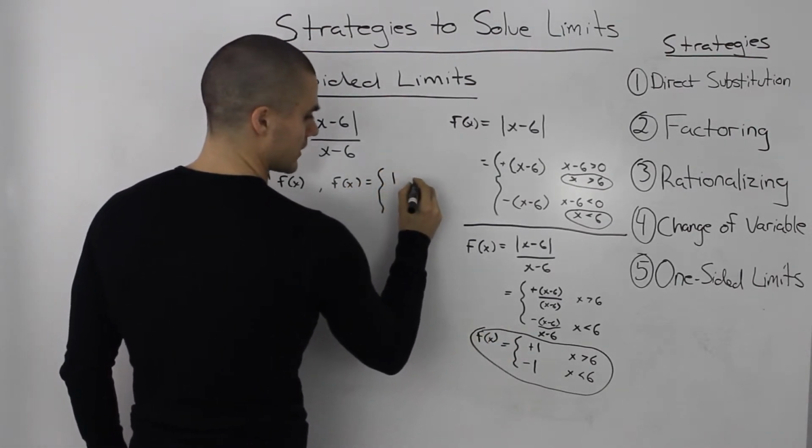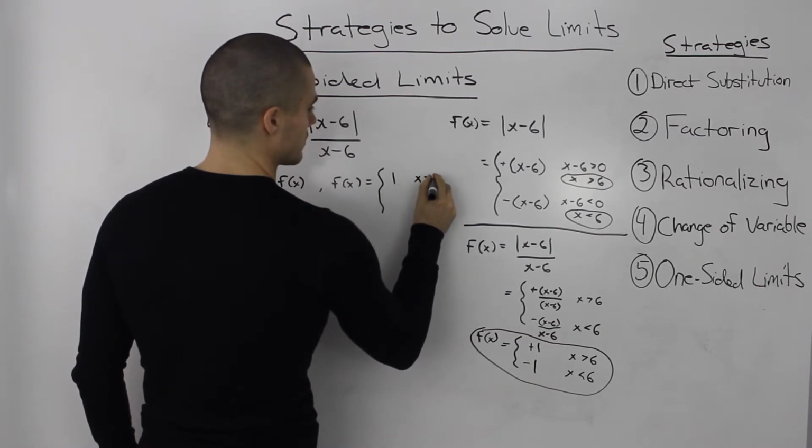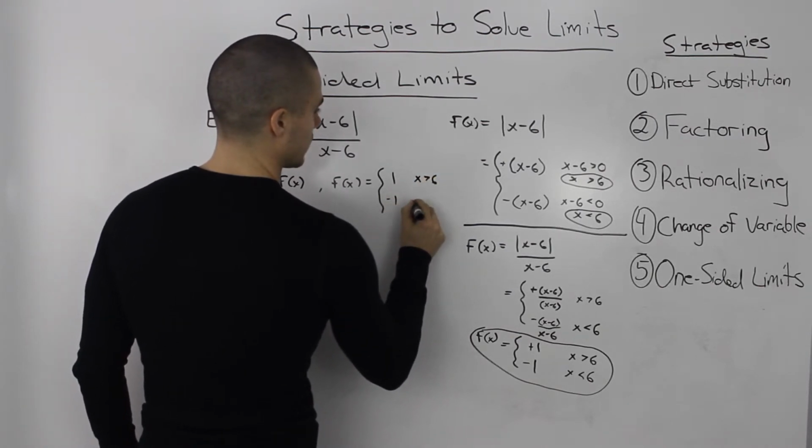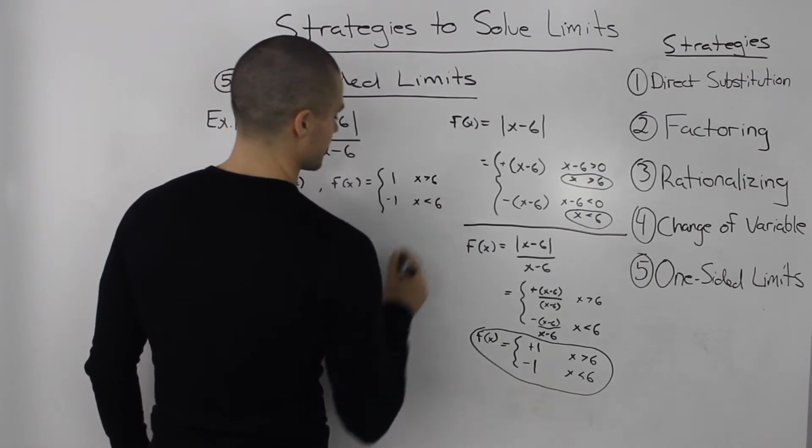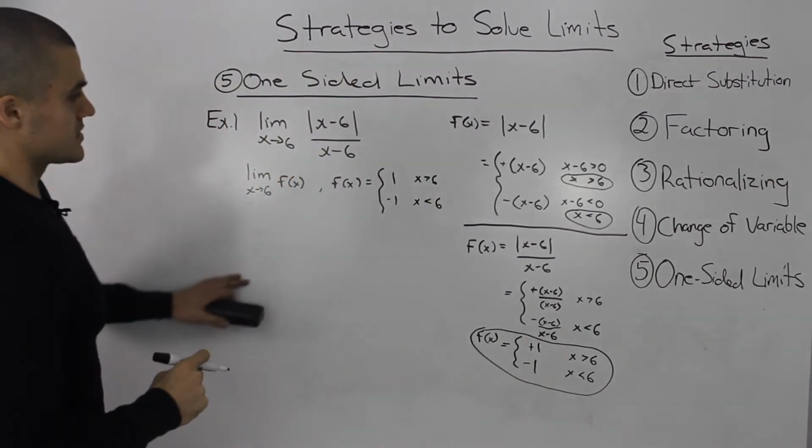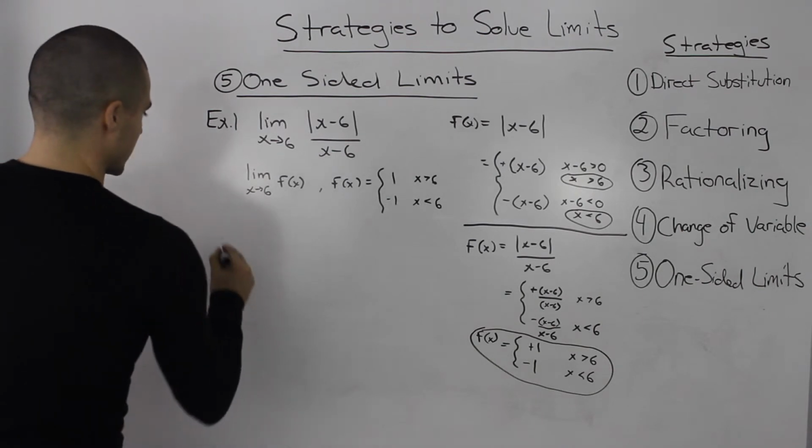So it's equal to positive 1 when x is greater than 6, and it's equal to negative 1 when x is less than 6. What we can do here is just graph it.